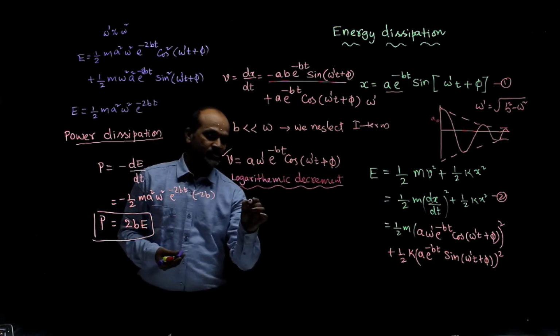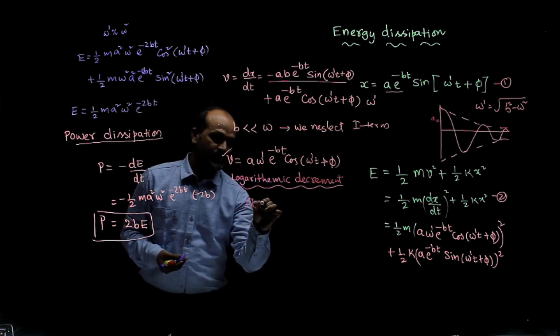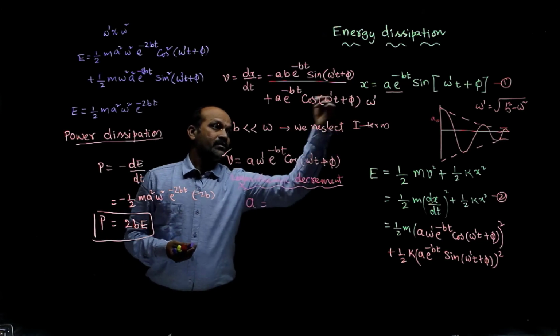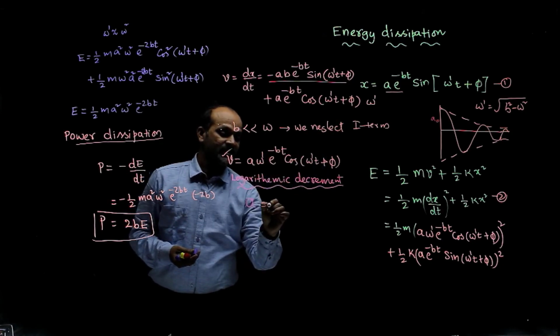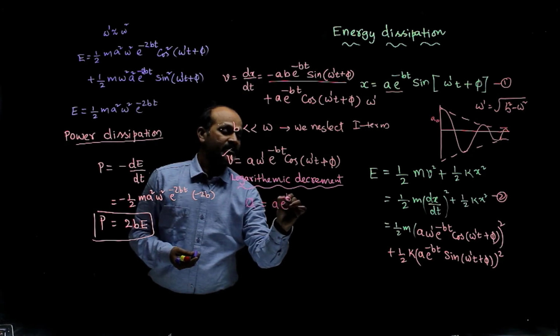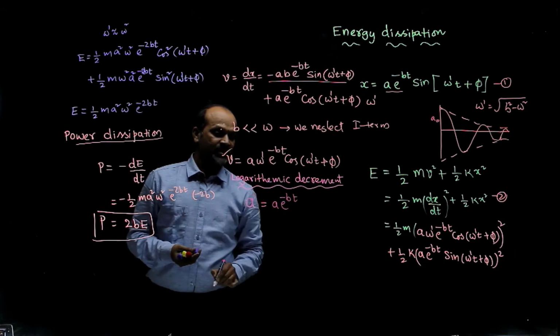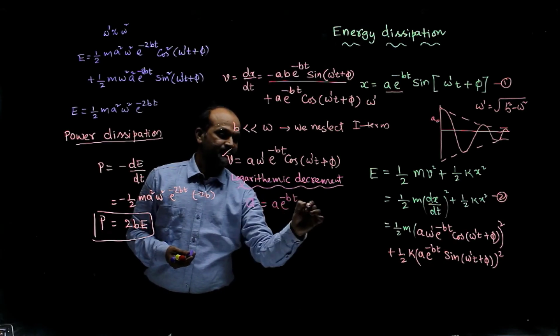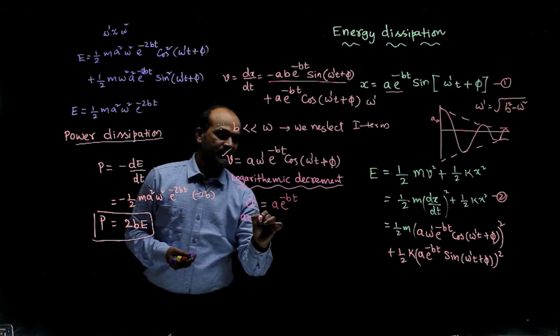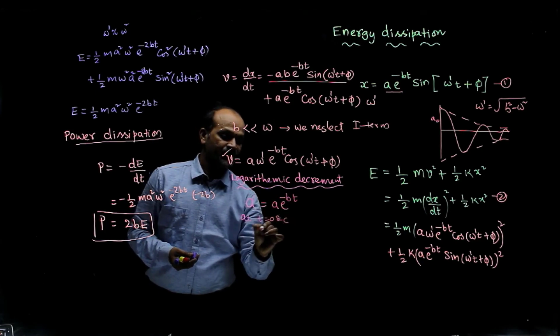What is the amplitude? The amplitude of a damping harmonic oscillator is A into e power minus bt, some A dash, let me write, at t is equal to 0 seconds.